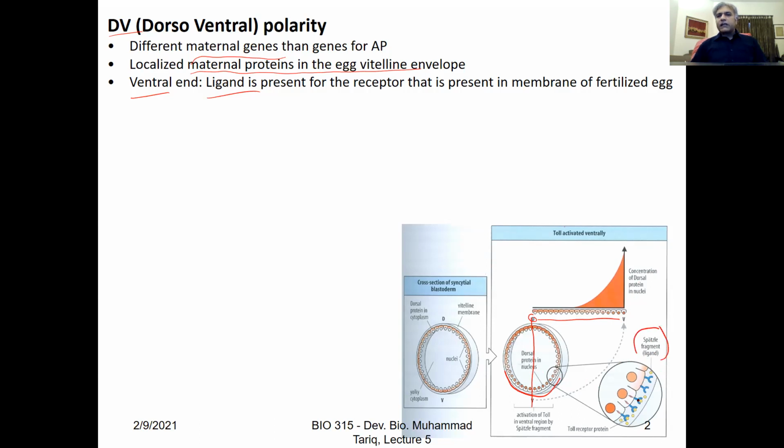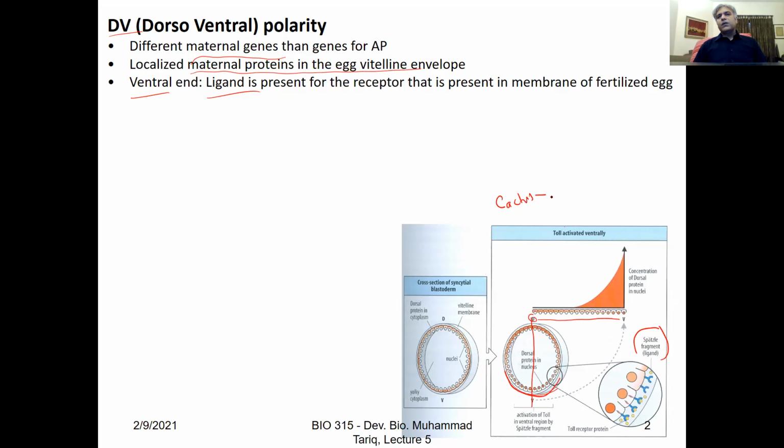It's very specifically cleaved only at the ventral side in this region. And binding of this ligand to the receptor activates toll signaling, which results in degradation of a protein called cactus.